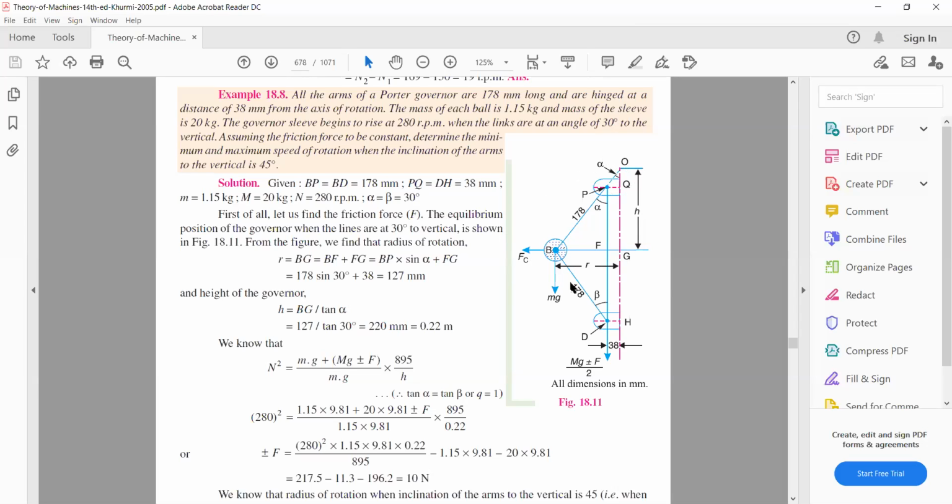Or tan alpha equals, you write it there. Just observe the triangle.